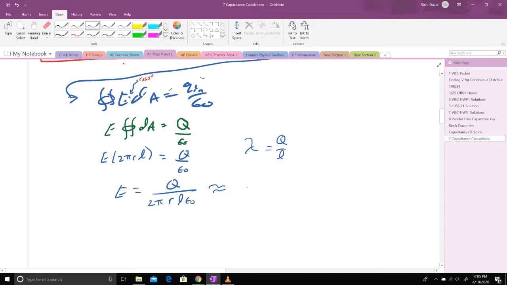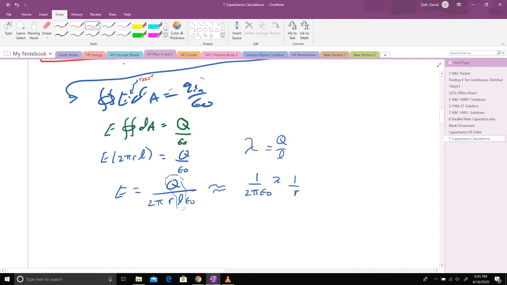If I wanted to write this in terms of lambda, I might write it as 1 over 2 pi epsilon naught times lambda, because that's Q over L, and then times 1 over r. And so we could write it like that.